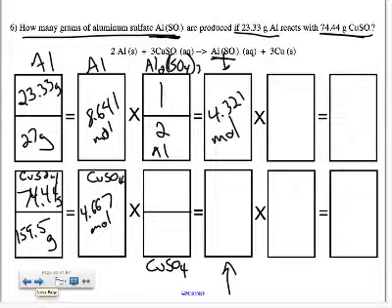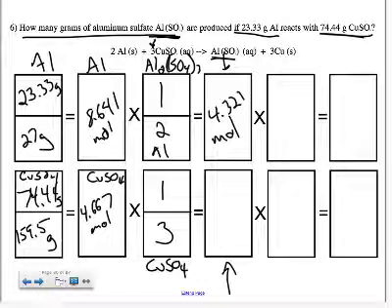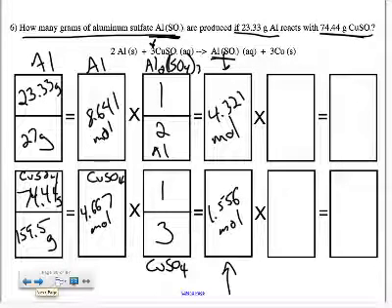And my mole ratio here, copper sulfate, way up here in the equation, has a coefficient of 3. Aluminum sulfate still has a 1 coefficient. 4.667 divided by 3, or times 1/3, gives me 1.556 moles.